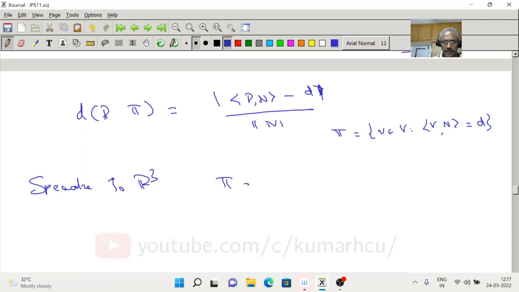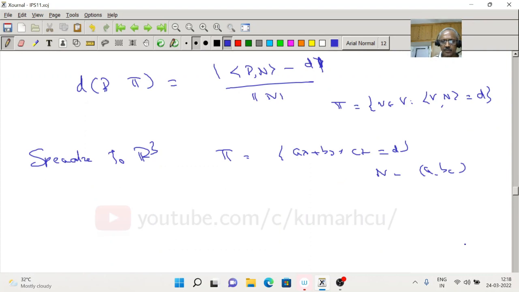So my pi is given by ax plus by plus cz equals d. Therefore my n is (a, b, c). Now the point I want is x0, y0, z0. That is my point P. Therefore, what is the distance between my P and pi?